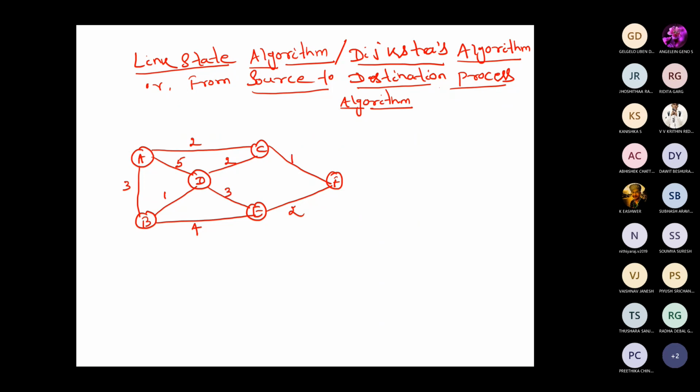These are the costs available for linking each and every node available in the network diagram. So this example comes under the undirected graph. Then guys, suppose the source vertex, or source node, is A.